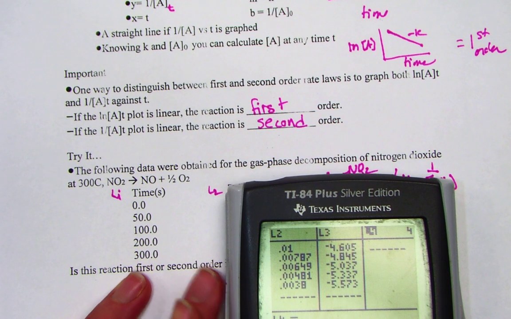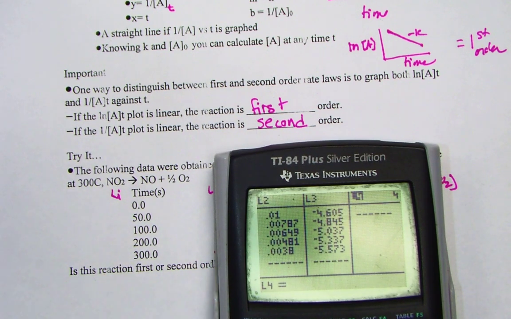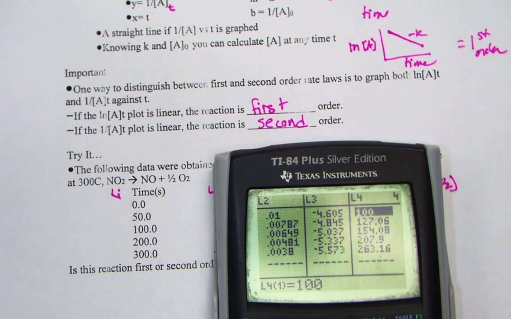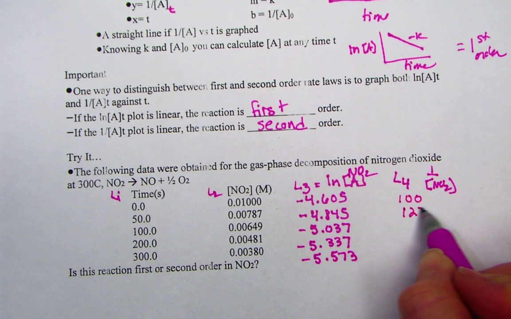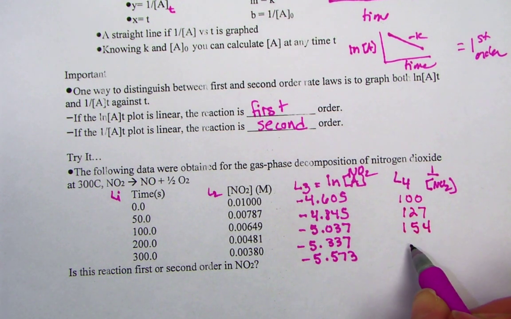That allows me to type in a little calculation. That calculation will show that I want the reciprocal, so 1 divided by, and my concentrations are still in list 2, so I hit list 2. 1 over list 2 generates the concentration of that reactant in a reciprocal. It reads 100, 127, 154, 208, 263.